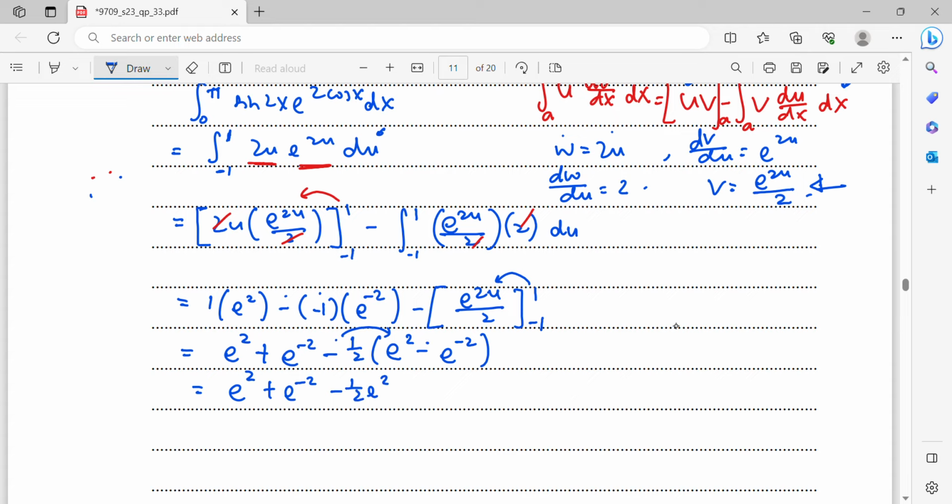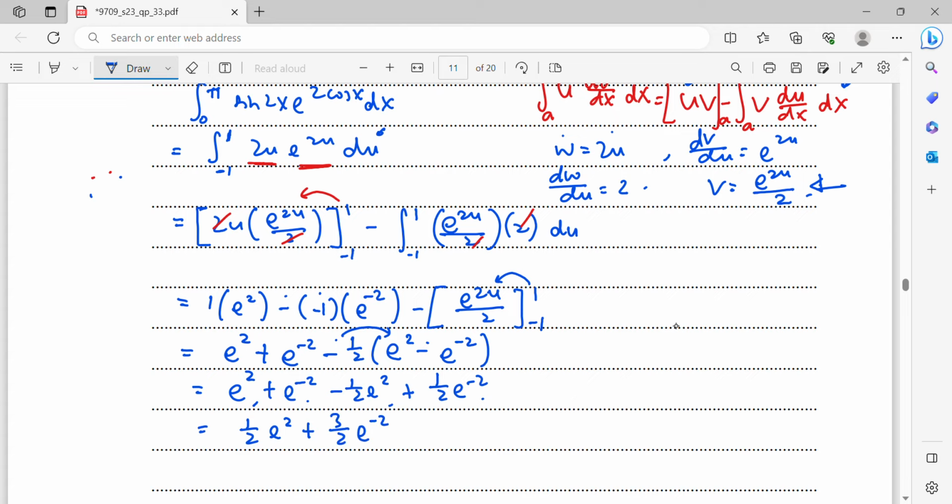The minus and minus becomes plus half e power negative 2. Now just combine the first and third term. So e squared minus half e squared is half e squared. And then plus e negative 2 plus half e negative 2 means plus 3 over 2 e power negative 2.